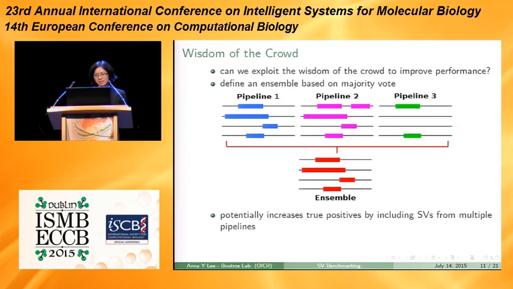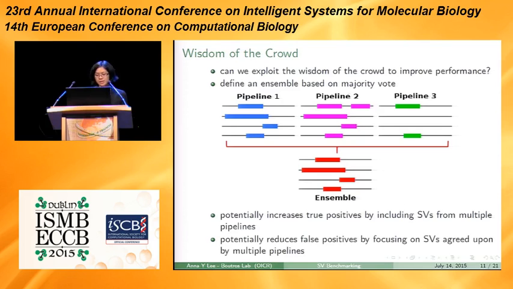And this indicates that we potentially reduce the number of false positives because we focus on structural variants agreed upon by multiple pipelines. And because we're looking at agreement between multiple pipelines, we have support from multiple approaches, and that could increase our number of true positives.